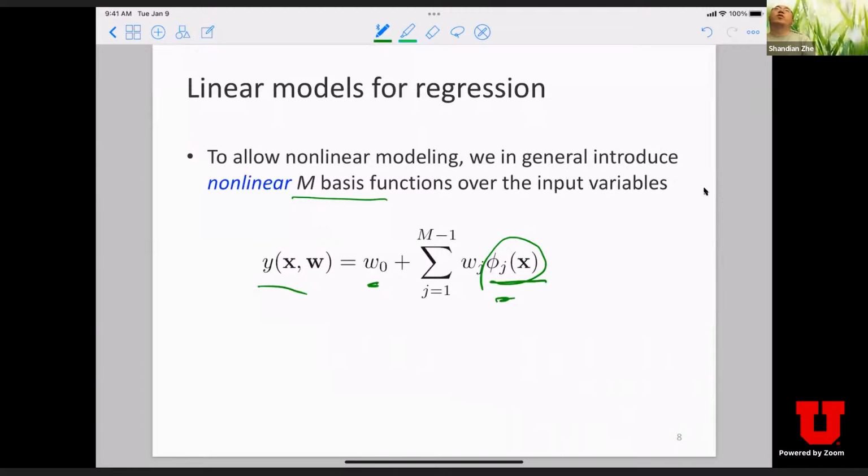So overall, the relationship between y and all x values can be highly nonlinear. Does it make sense? That's a very commonly used trick, and the so-called kernel methods are derived from this kind of idea.